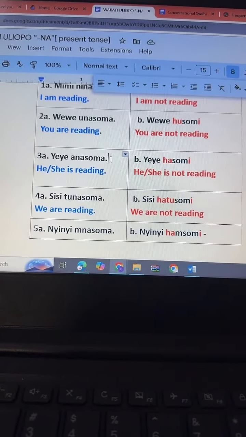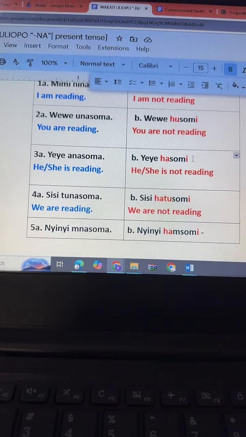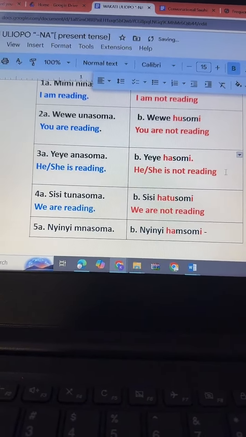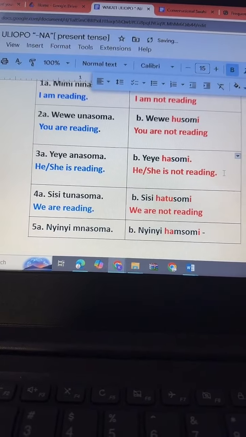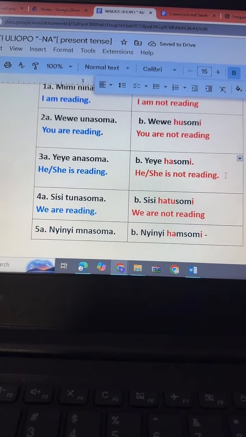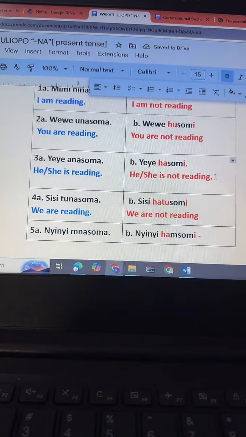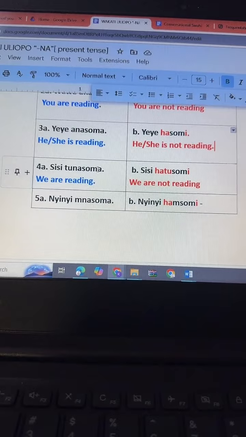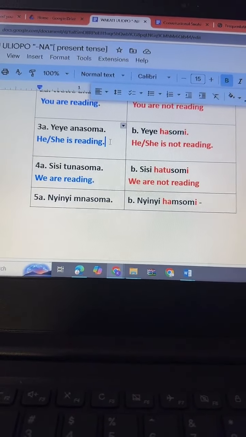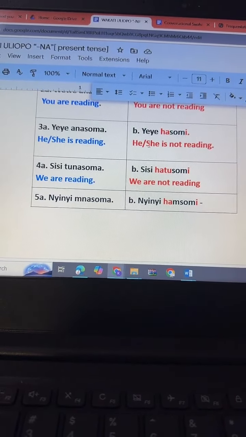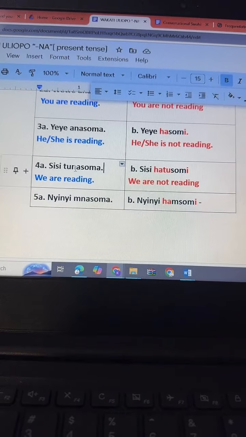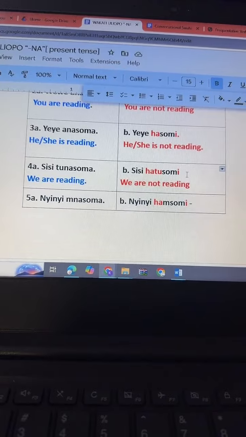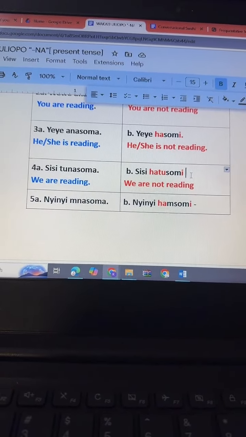Yeye hasomi, he or she is not reading. Number four, sisi tunasoma, we are reading. Sisi hatusomi, we are not reading.